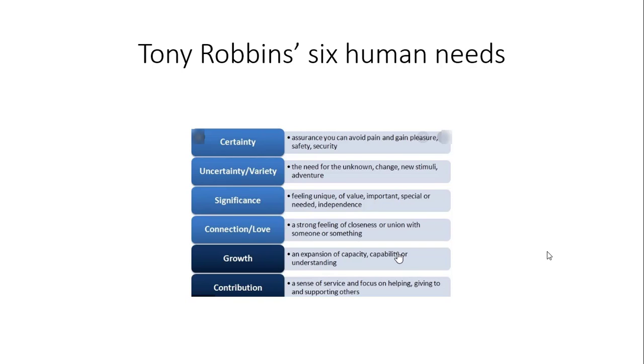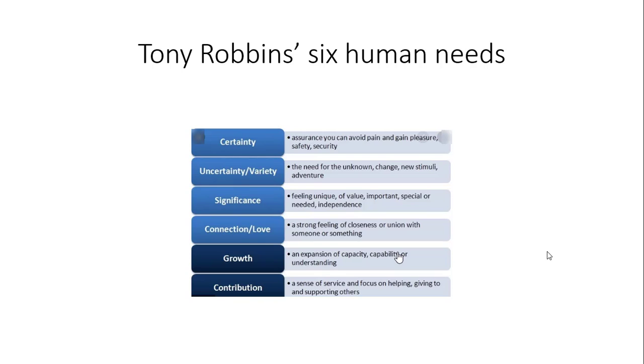Abraham Maslow discovered this, and I think Tony Robbins then expanded the definition. But I want to explain to you that it doesn't matter what business we are in, we are all in the business to satisfy 6 human needs.